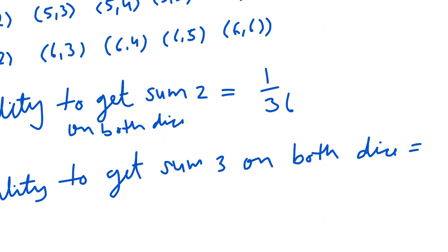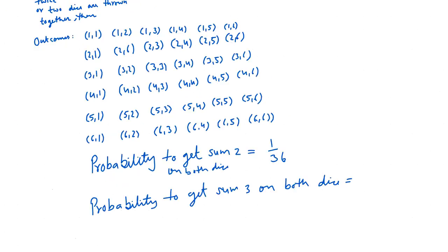Let us see how many favorable outcomes are there. So we have two outcomes to get sum 3, 2 comma 1 and 1 comma 2. Okay, so we have two favorable outcomes. So let us take 2 by 36, and that is equal to 1 by 18. Okay, so next.